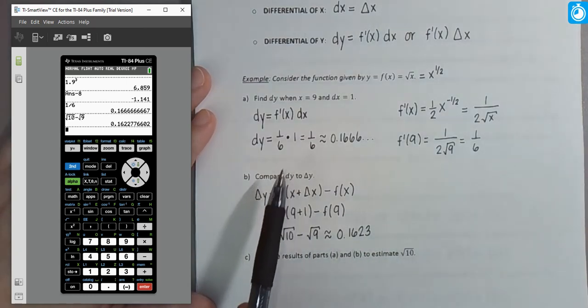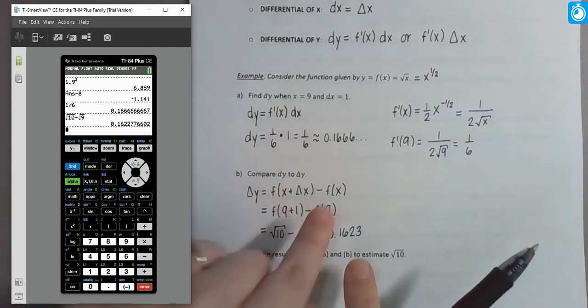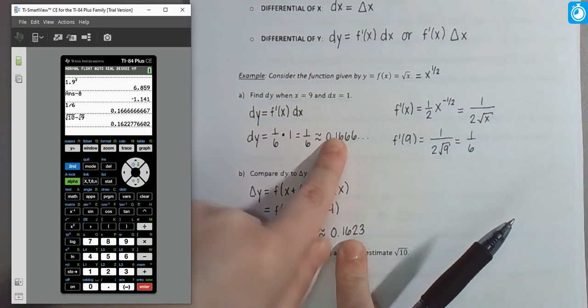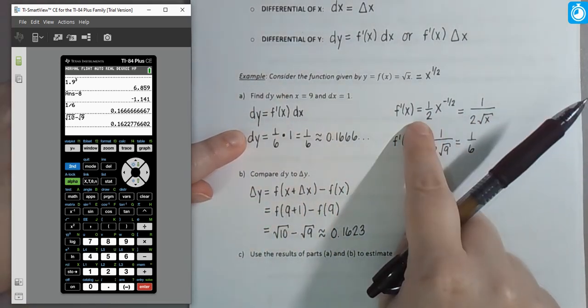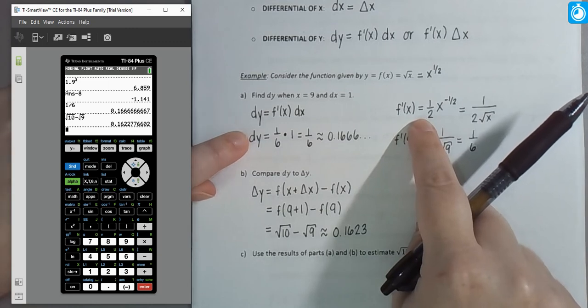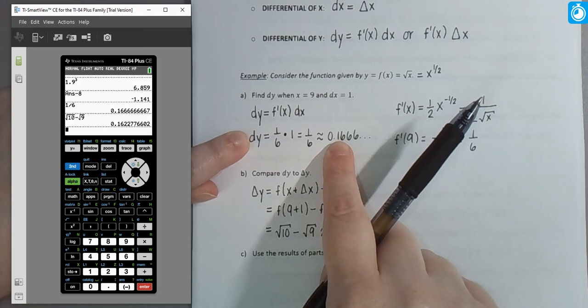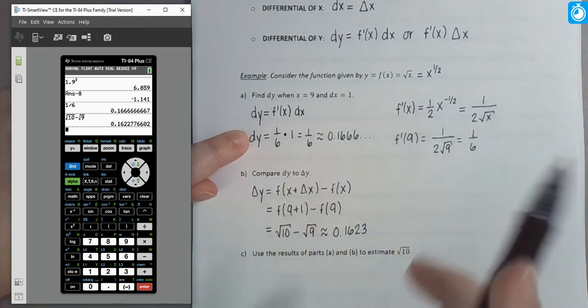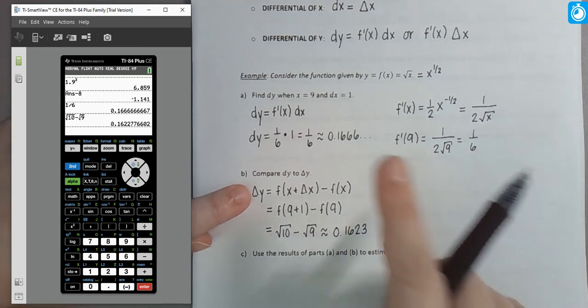So we want to compare dy to delta y. We're comparing these two values. So this is change in y expressed in terms of the derivative, how the derivative represents change. So change in y as related to the derivative, 1/6, about 0.166, and so on. Delta y, again, doesn't use the derivative.